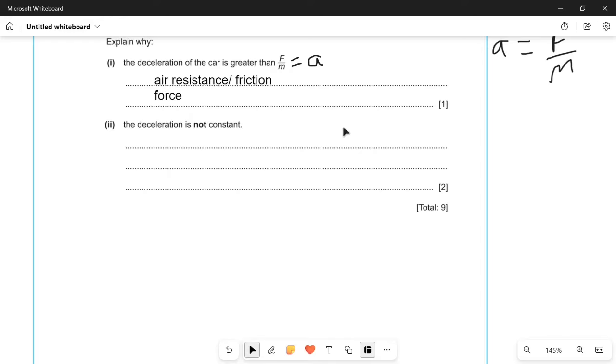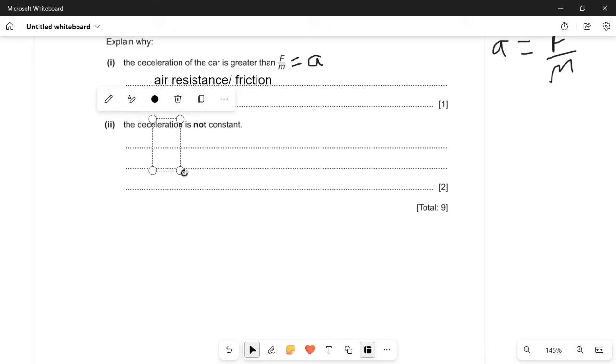If a car is moving at a certain speed, and air resistance is acting upon the car, the speed of the car decreases. If the speed of the car decreases, that means the air resistance is also going to decrease. So with the speed of the car decreasing, the air resistance is going to be decreasing. So the deceleration is not constant, because one of the reasons is that air resistance is decreasing too.